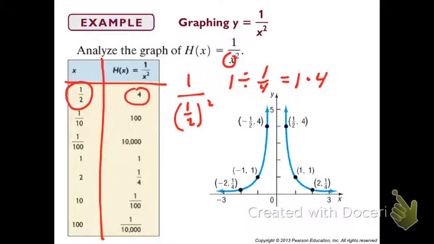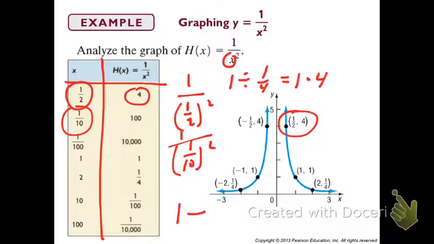Oh, sorry, by the way, 1/2 comma 4 would be that point right there on the graph, so those coordinates correspond to a point on the graph of this function. Okay, and then again when we replace x with 1/10, we see that we get 1 divided by 1/10 quantity squared, and with the same kind of reasoning we get 1 divided by 1 over 100, and therefore we get 100.